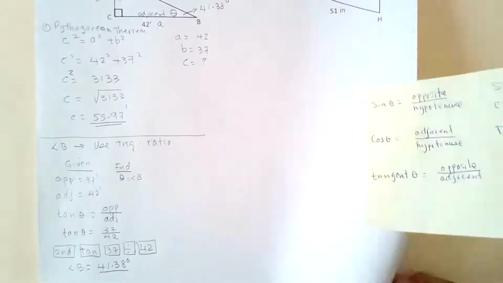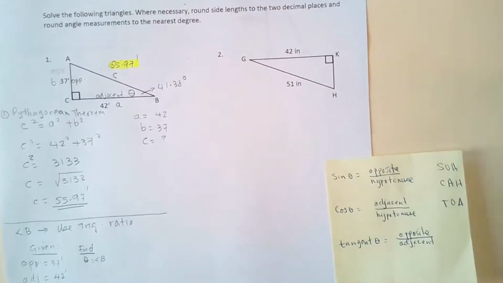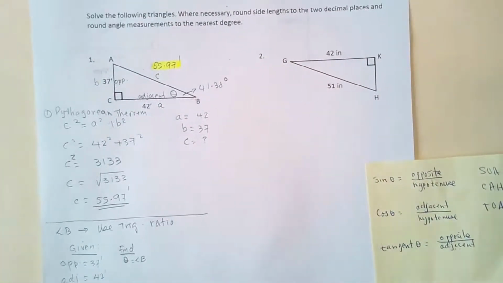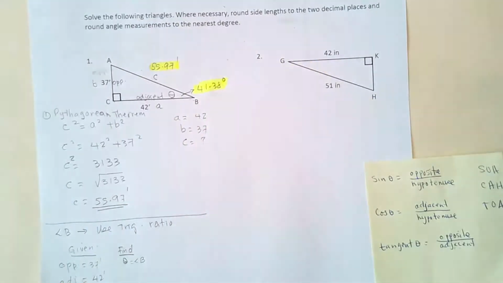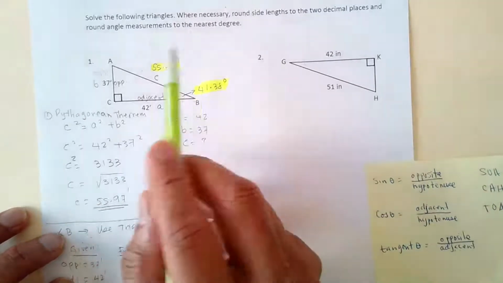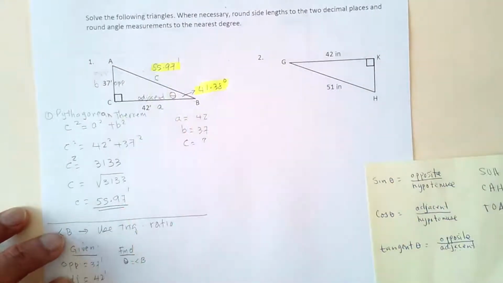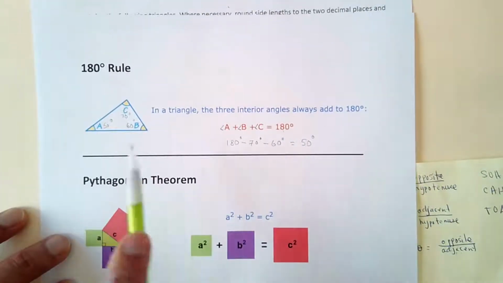So I'll indicate it up here. So that's my angle. And notice, once I know 2 angles, I can find the third angle by using, you guessed it, the 180 rule.